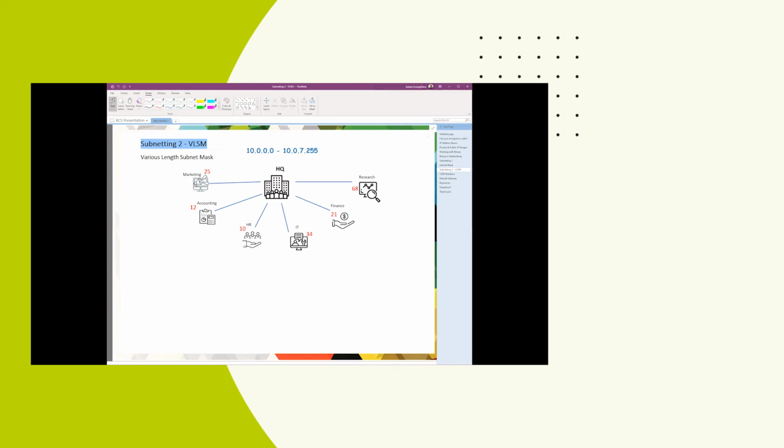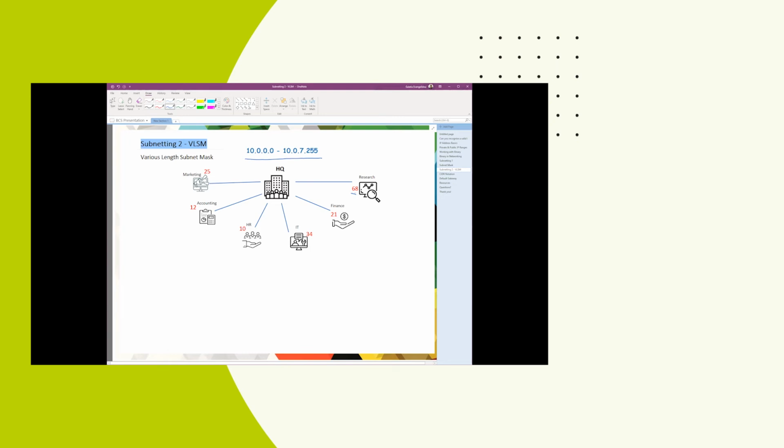So in this example, we can see that the largest subnet here is this one, 68. And again, the range remains the same. The architects have given us this range and they said, okay, go and configure the network, not going further than this range. So we start from the largest subnet, the research team, 68 devices.